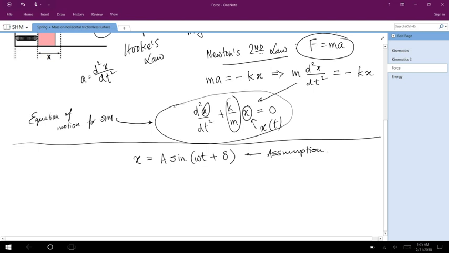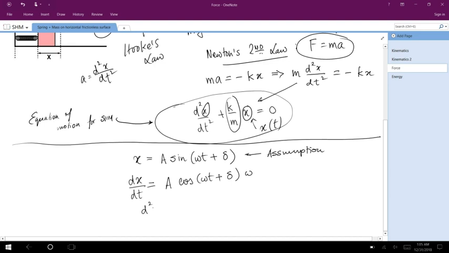solve this differential equation. In order to check whether this solves the differential equation, let's take the time derivative of x with respect to t twice. So the first time derivative dx dt would look like a times the derivative of sine, which is cosine, so cosine omega t plus delta, but there's an omega t inside, so we will get an omega.